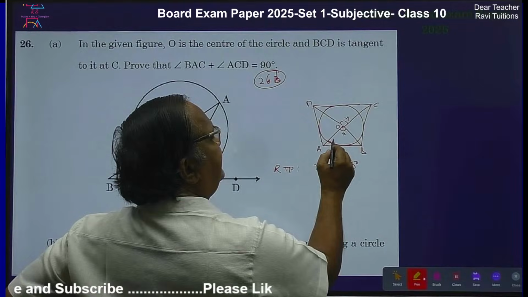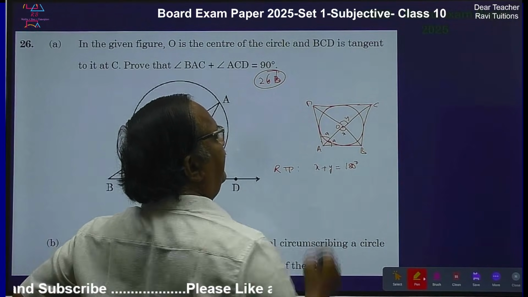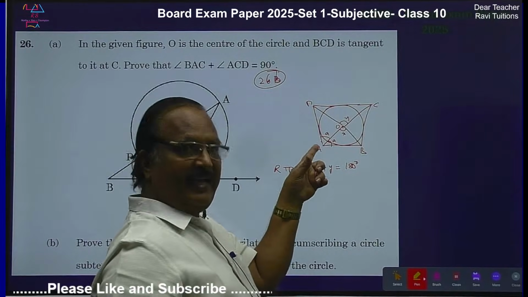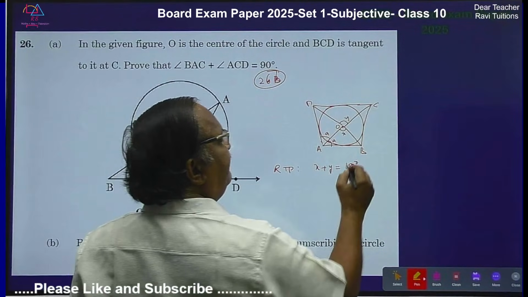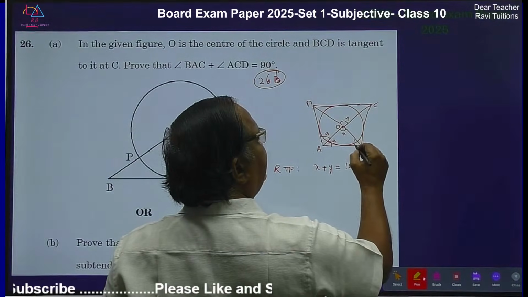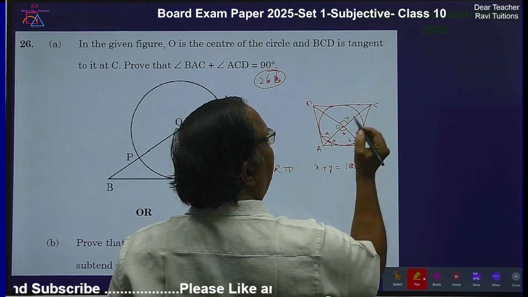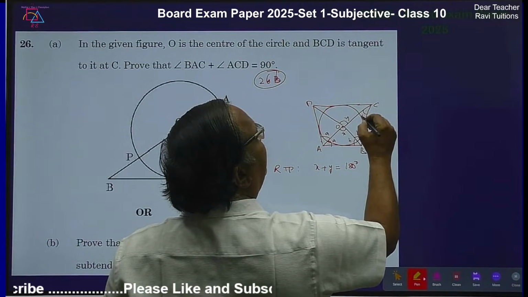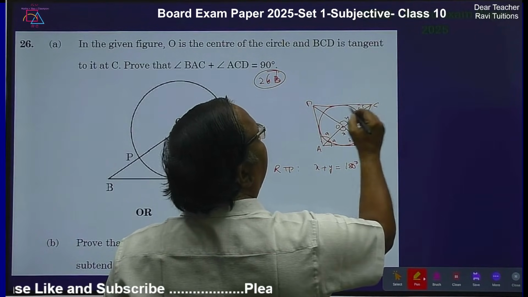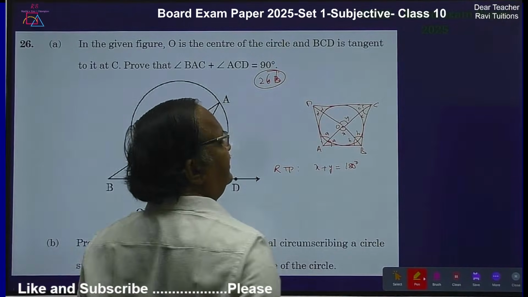Let us say this is A and this is A. This OA bisects angle A. You can refer to the proof. In the same way, OB bisects angle B. Let us say this is B and this is B. Angle C also the same way. This is C and this is C, and this is D and this is D. I am writing small letters.